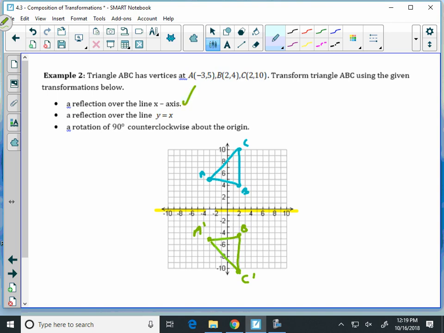Then we have to do a reflection over the line y equals x. So it's a little bit different, because it's not y equals a number, it's y equals x. So when we reflect over that line, where do we start from when we graph it? We start at 0, 0, the origin.